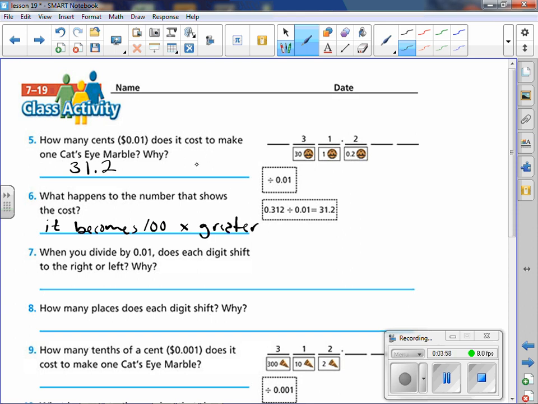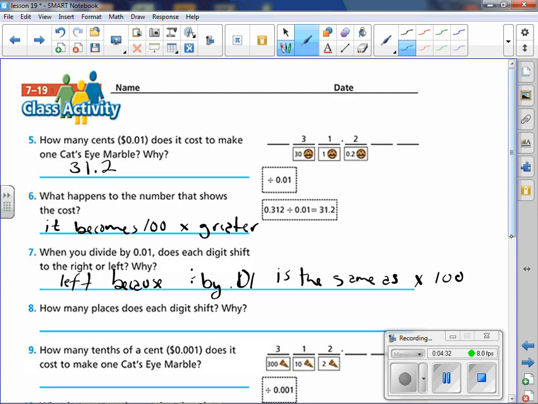Okay. Each dime becomes 10 pennies, right? You move it left, not right, left, okay, because dividing by 1/100th, a penny, is the same as multiplying by 100, okay?